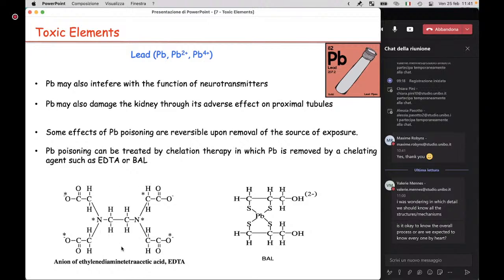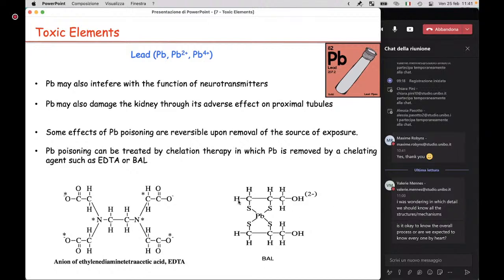It is called a complex that is quite hydrophilic and can be easily eliminated. So the most important toxicity parameter of heavy metals, which is their lipophilicity and their tendency to stay in the body, is reversed by treatment with EDTA or with BAL.